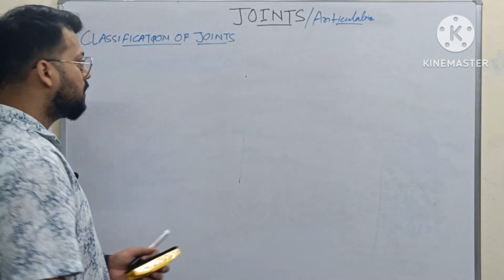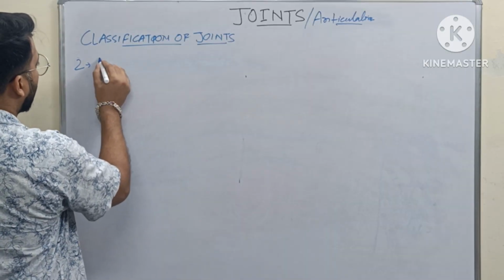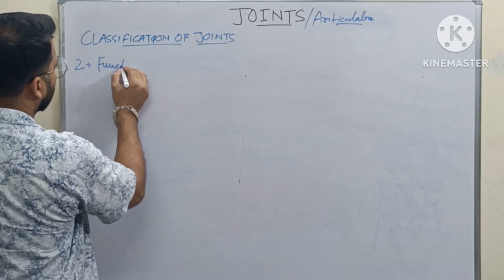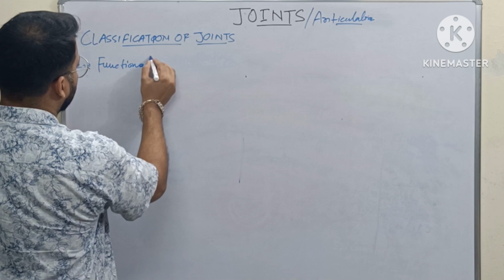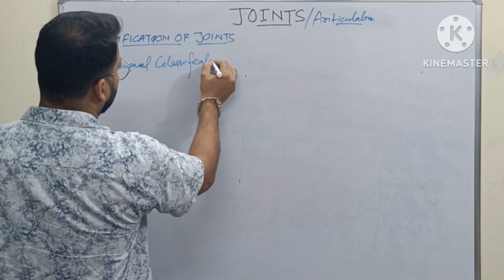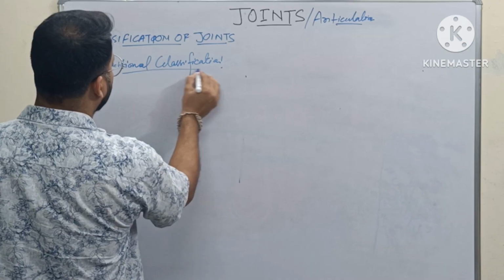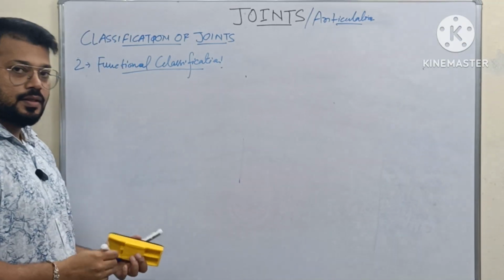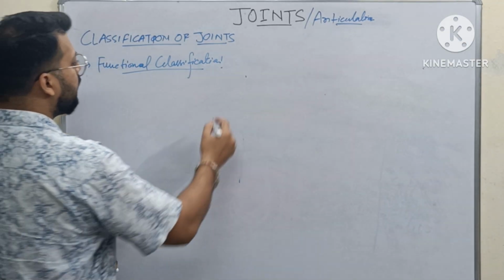The next classification is functional classification. On this basis, the joints are classified into three categories.